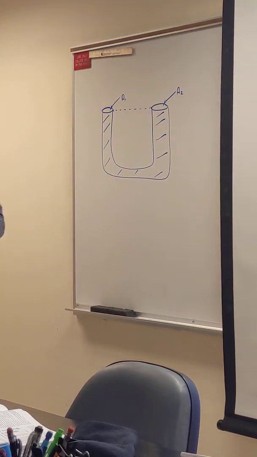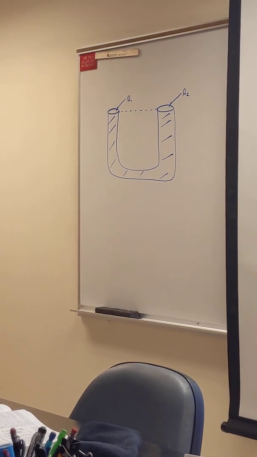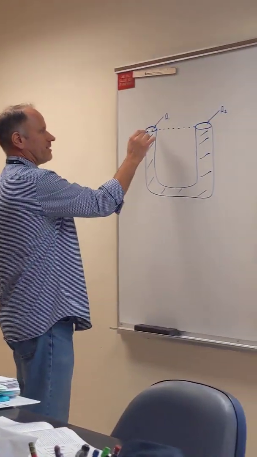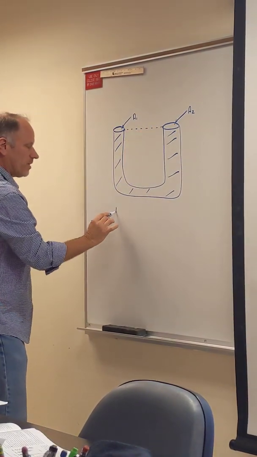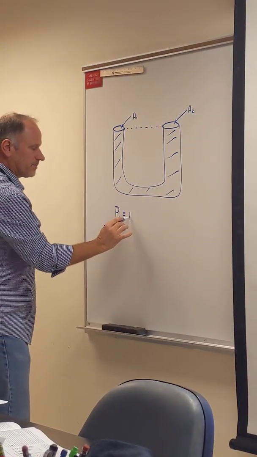Those two pistons are at exactly the same height. They're in equilibrium. They would have what kind of pressure? P1 would be what relative to P2? Equal. Equal, okay? So at these 2 points, P1 equals P2.